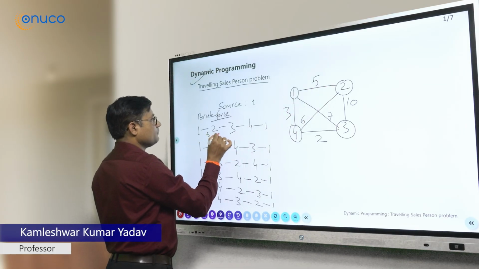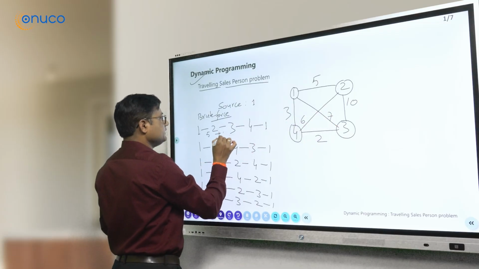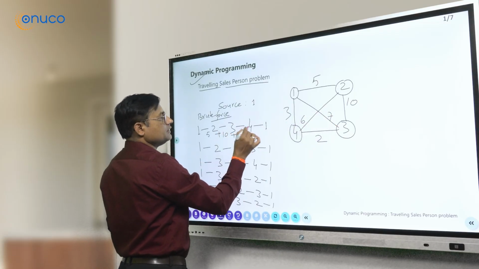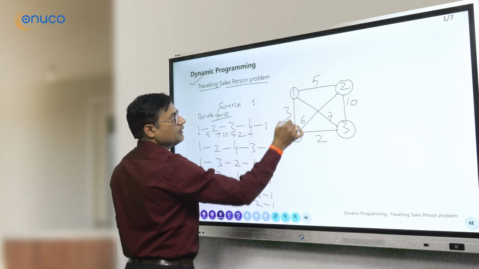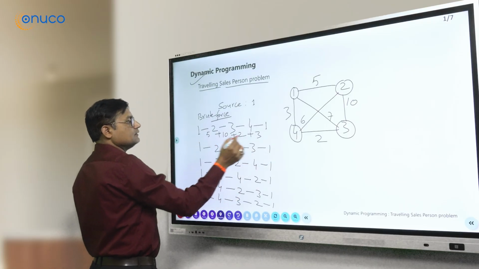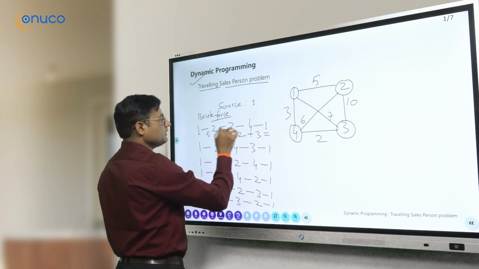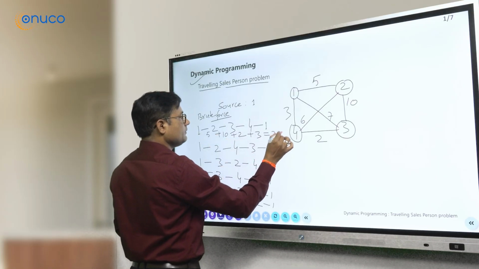5 plus 2 to 3 is 10 plus 3 to 4 is 2 plus 4 to 1 is 3. So if you count the total, that is the distance for this particular path: 10 plus 5, 15 plus 2, 17 plus 3, 20.